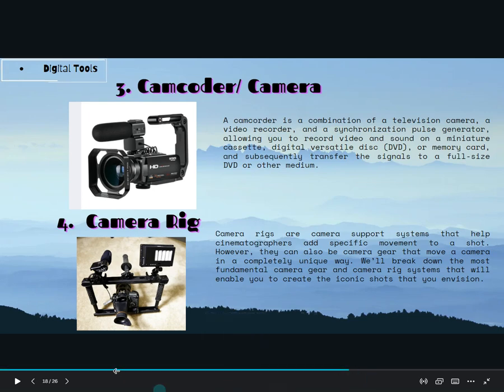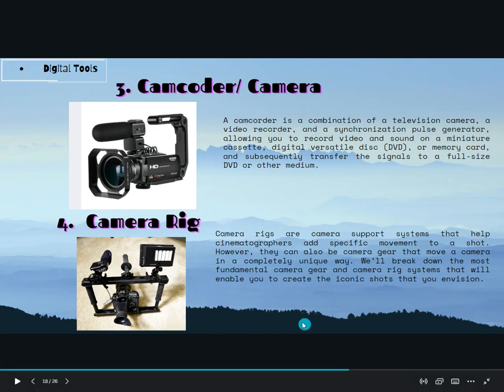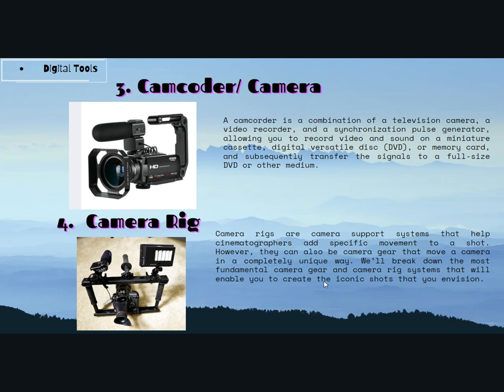In technology, the camcorder or camera. A camcorder is a combination of a television camera, a video recording, and a synchronization pulse generator, allowing you to record video and sounds on miniature cassette, digital versatile disc, DVD, or memory card, and subsequently transfer the signal to a full-size DVD or other medium.